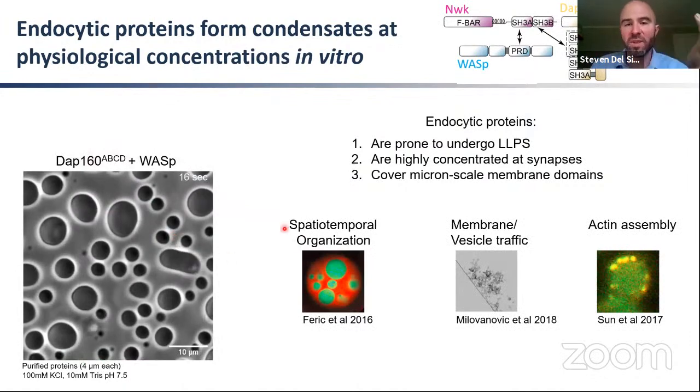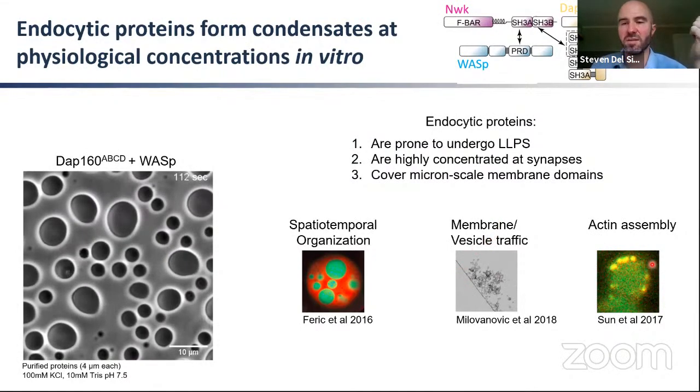And so what we think these things can explain is potentially a lot about how these molecules behave at the synapses. There are lots of examples in the literature now about how complex interactions among these sorts of liquid phase-separated condensates can form interesting spatiotemporal patterns of organization. We know from other work that they can control vesicle clustering and traffic.